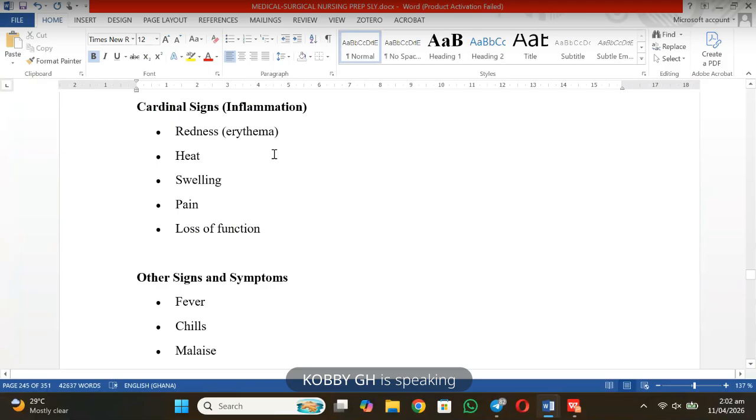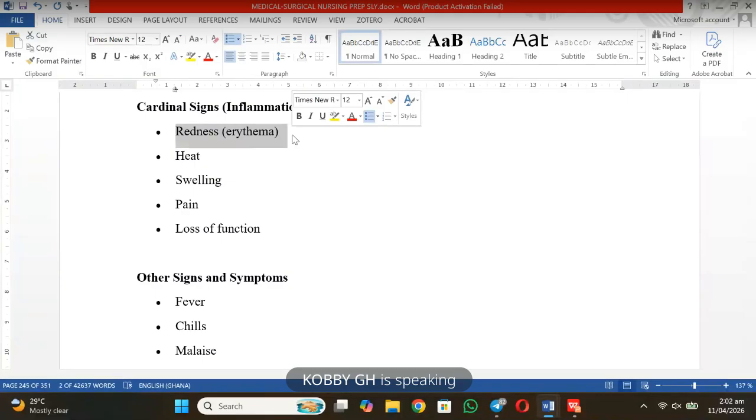Let's look at the cardinal signs of this condition. The cardinal sign of cellulitis is also redness, or erythema. The signs are almost similar to those of the furuncle. So there too, we have redness or erythema, heat around the site, and usually massive swelling around the affected part.